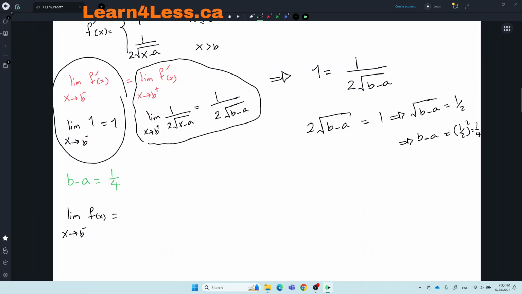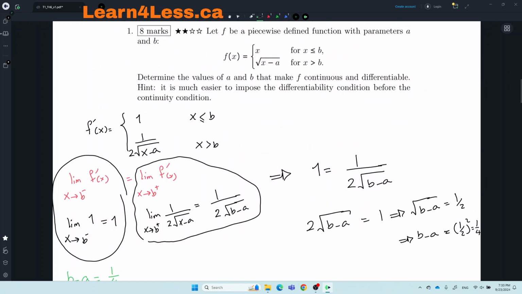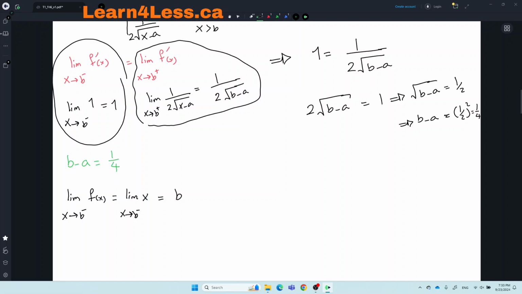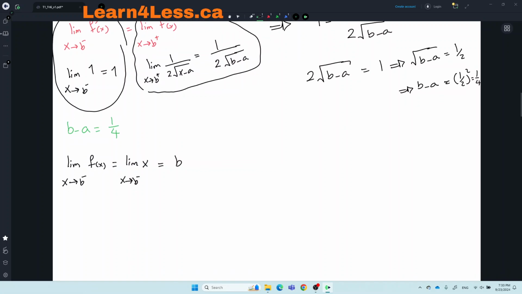So when x approaches b from the left side, we are dealing with the first expression because x is slightly less than b. So the limit of x as x approaches b from the left is just b. We simply plug that in.